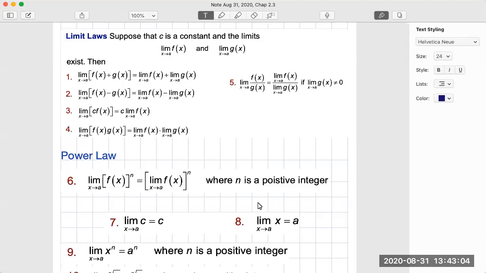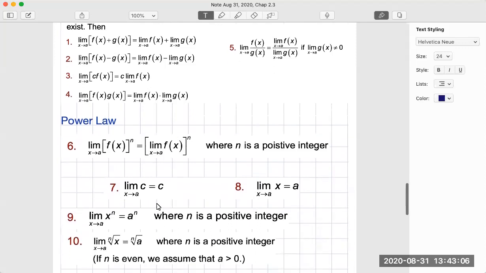So don't worry about that, but it's good to write it down. So the limit of a constant when x approaches a will be simply that constant, c. Or the limit of x when x approaches a will be that number, a. And similarly, for x to the n, where n is a positive integer, we can do this.